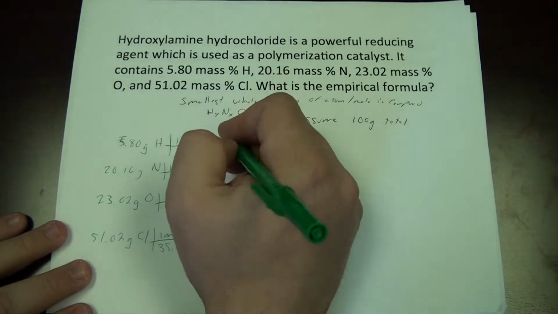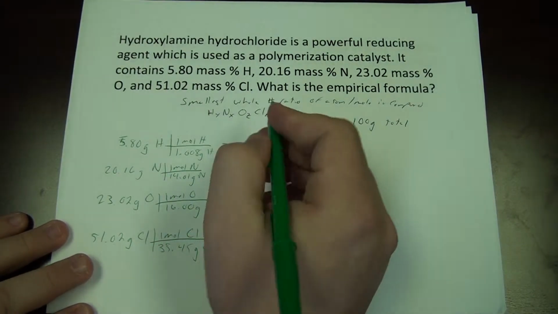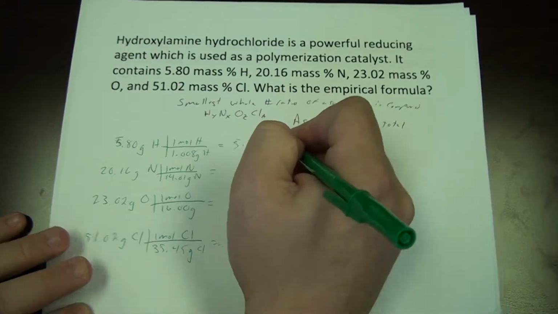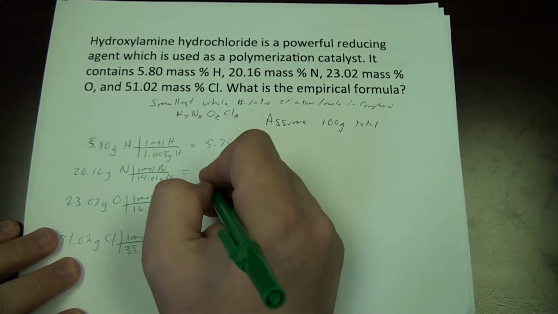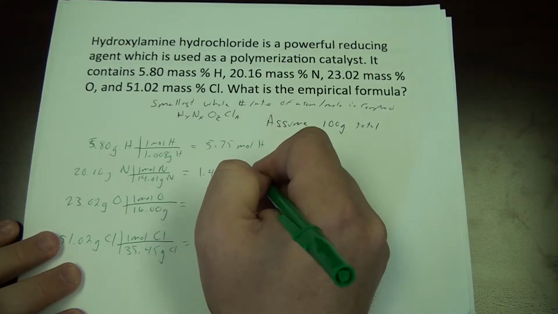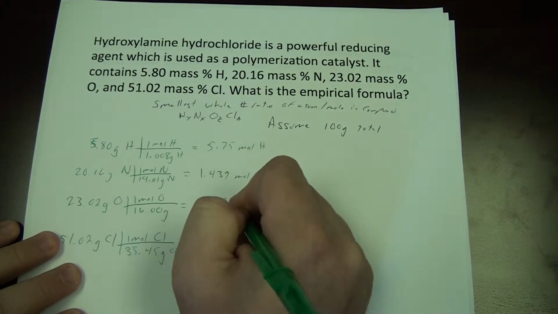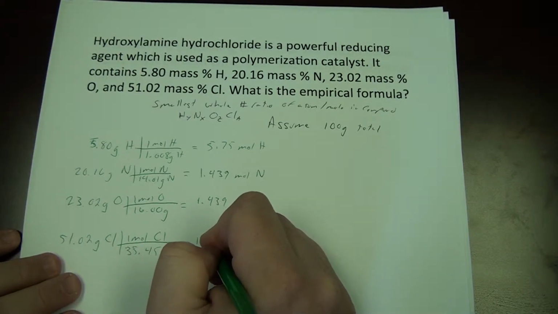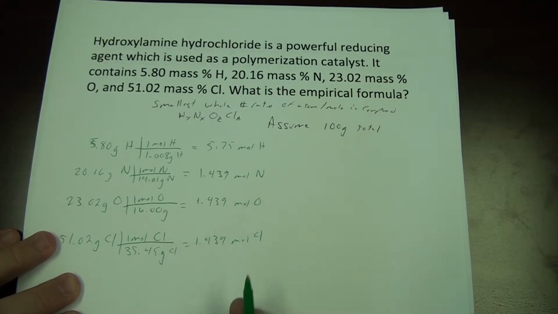So if we do this calculation for each one, this 100 grams is going to represent about 5.75 moles of hydrogen, 1.439 moles of nitrogen, 1.439 moles of oxygen, and 1.439 moles of chlorine.